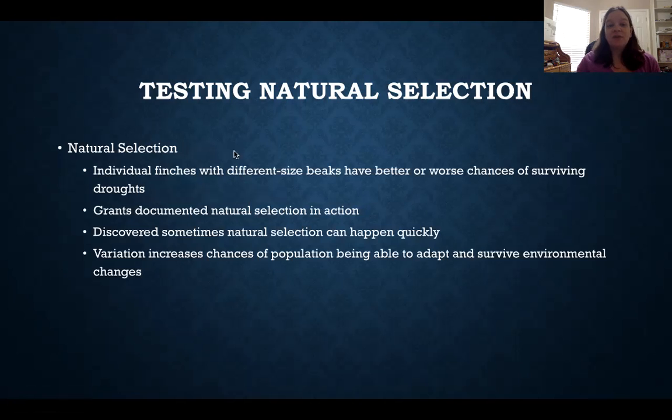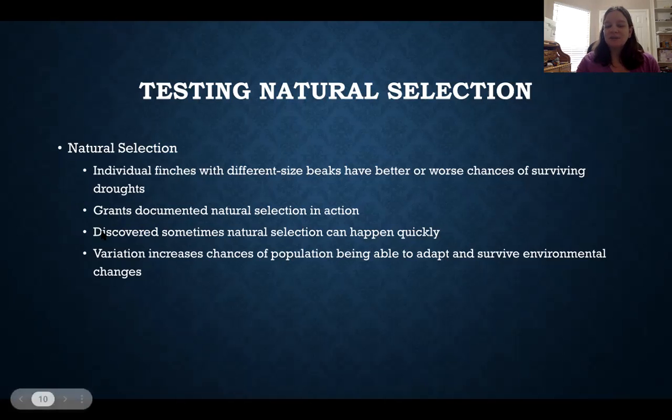Individual finches with different beak sizes had either a better or a worse chance of surviving that drought, because they could either eat a different food or they couldn't. Those that could eat a different food were more likely to survive. So the Grants actually got to document that natural selection was happening. We had this change because there was a sudden change in the environment.